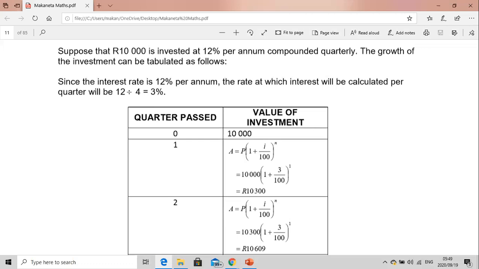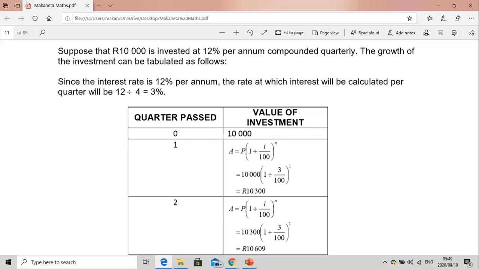12% per annum, which is now calculated per quarter. It means if you divide 12 by 4, you get 3. So it means it will be 3% every quarter.